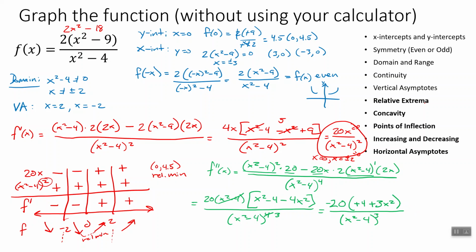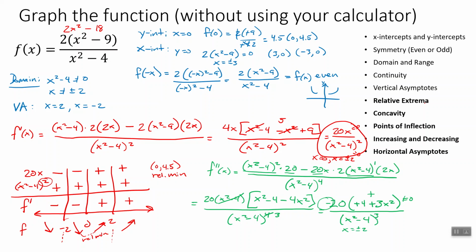All right, we're kind of running out of room here, but we want to know where that's positive and where that's negative. If we set the top equal to 0, the top's never going to equal 0. In fact, the top is always going to be negative because of that. This guy in here is always positive, times negative 20. Top's always negative. The bottom can change signs at plus or minus 2.